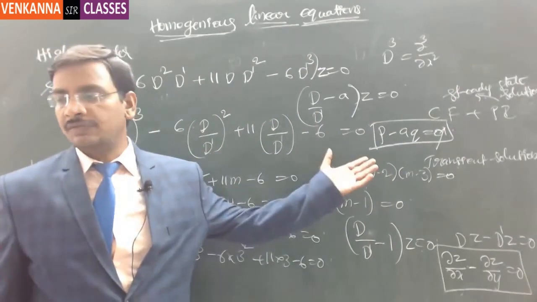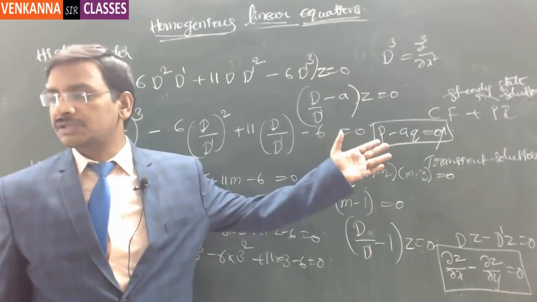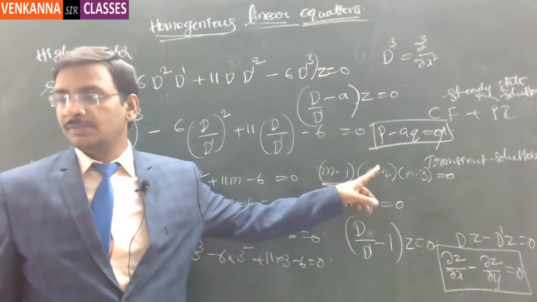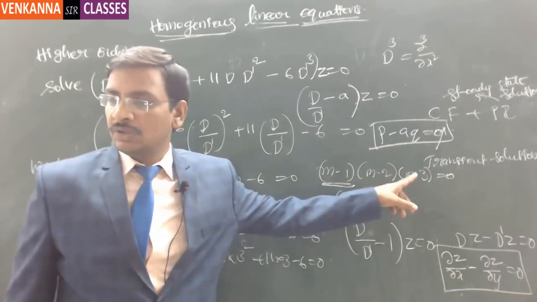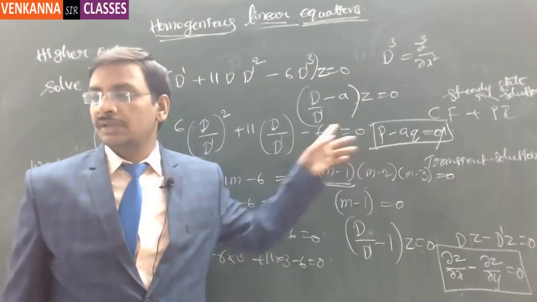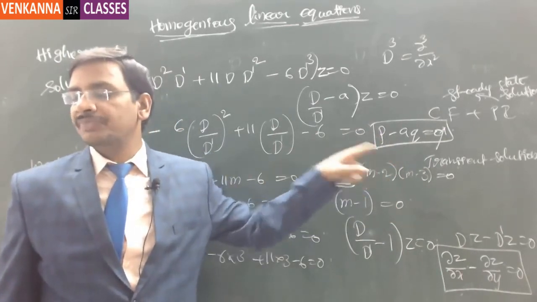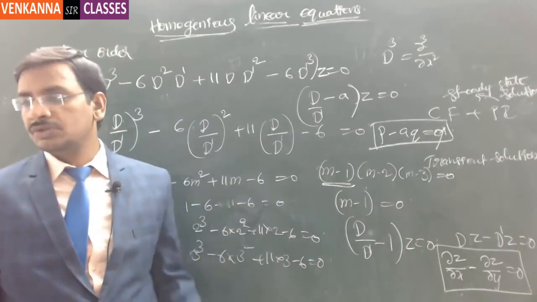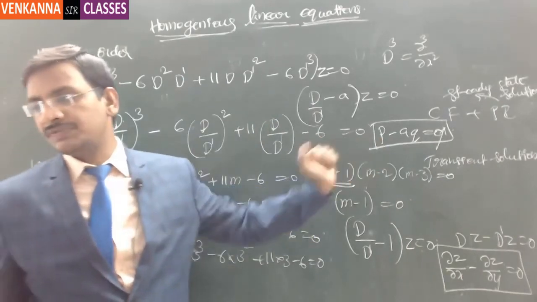Now we have to solve the differential equation. This differential equation is one of the solutions for this entire differential equation. Similarly for this one, you have to solve each and every factor and then finally find out the solution. The sum of all the solutions will give the complementary function for this entire differential equation. Got it? You note down this, then I am going to solve this differential equation.